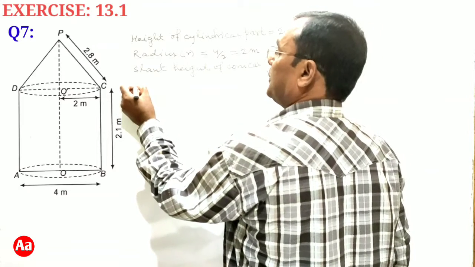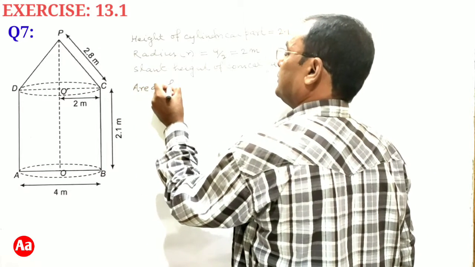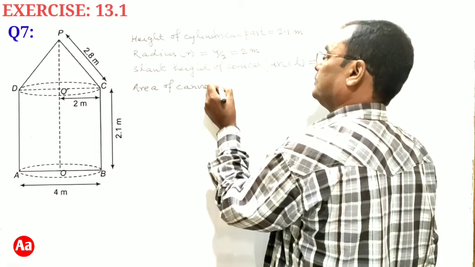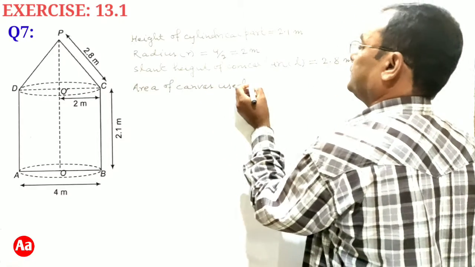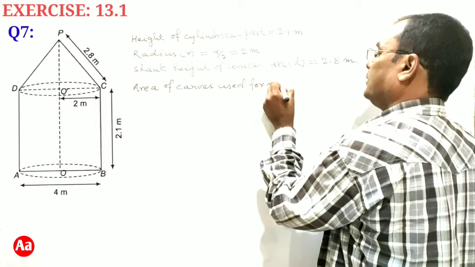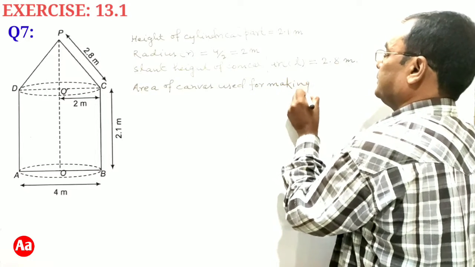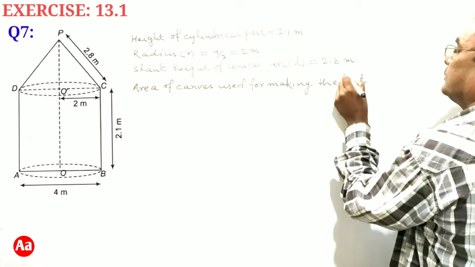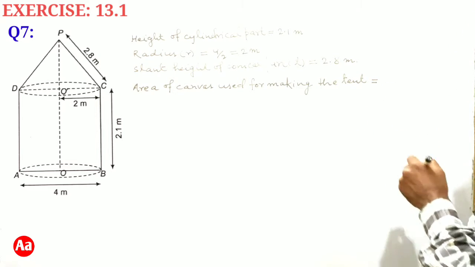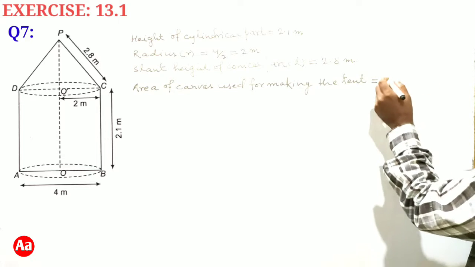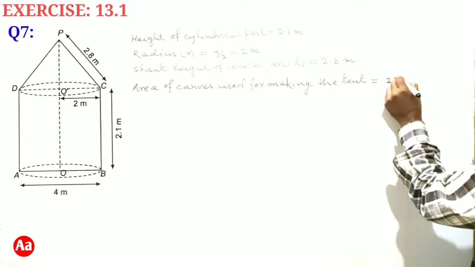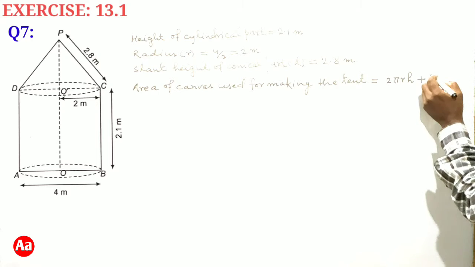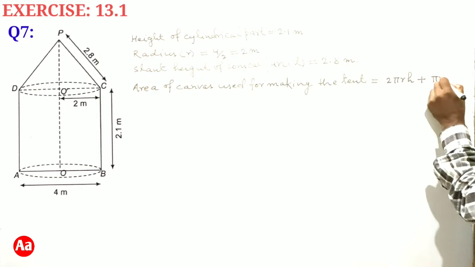So area of canvas used for making the tent is equal to curved surface area of the cylindrical part, 2 pi r h, plus curved surface area of the conical upper part of the tent, that will be pi r l.